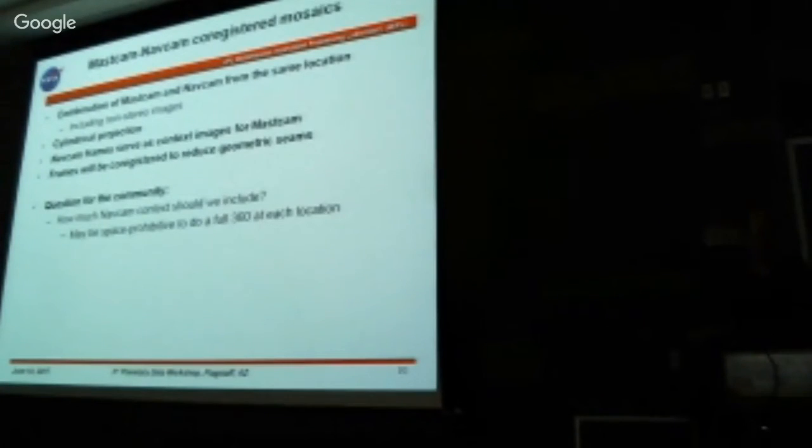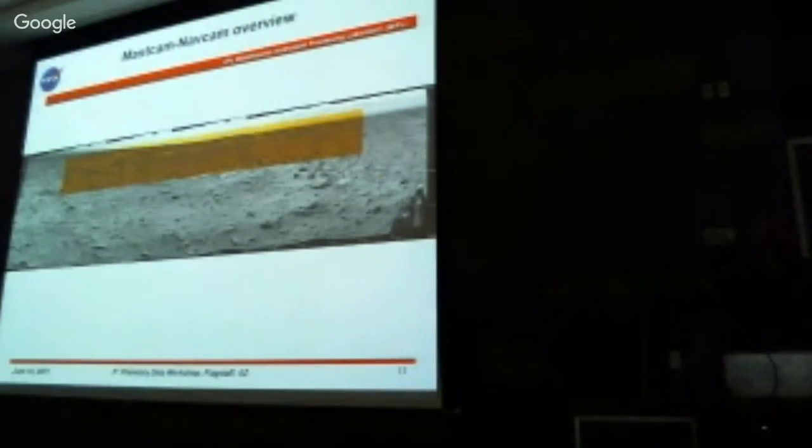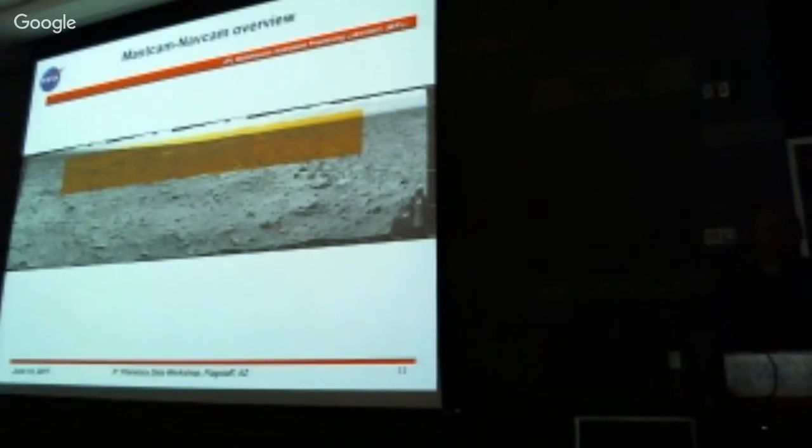We could do a full 360 at each location, but if you have 100 MASTCAM frames, it's a gigapixel for 2 frames. That's a lot of data. If you have any input on how much context is needed as you're looking at the geology of these frames and trying to figure out what they are, please share.